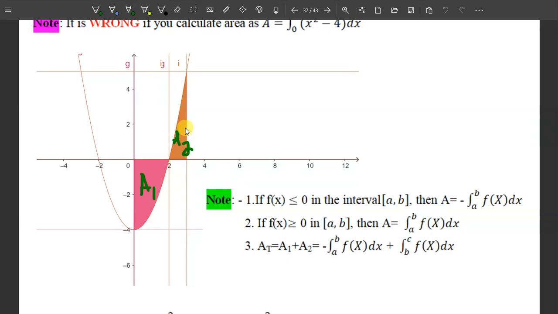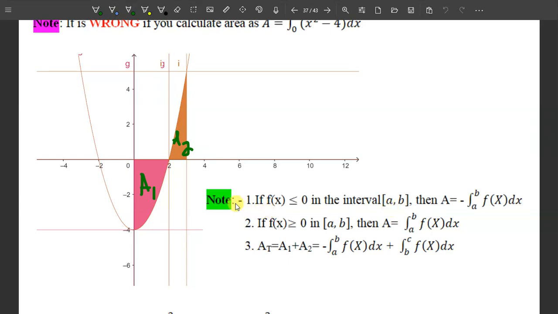Above the x-axis, the function is positive. Area is always positive, we know that, and below the x-axis the function has negative value. Since it has negative value and area is always positive, in this region we have to multiply the integral by minus.